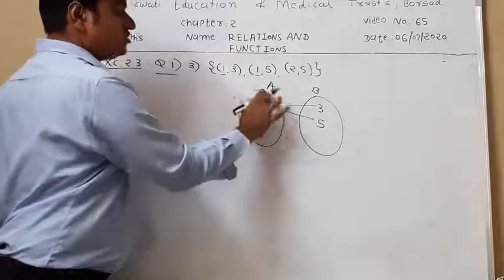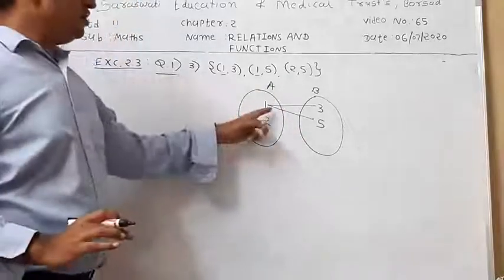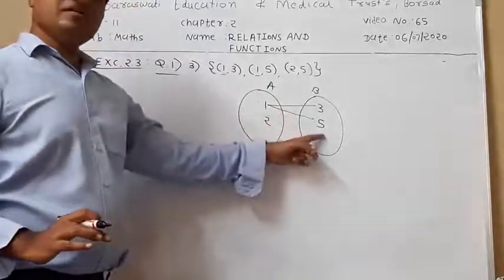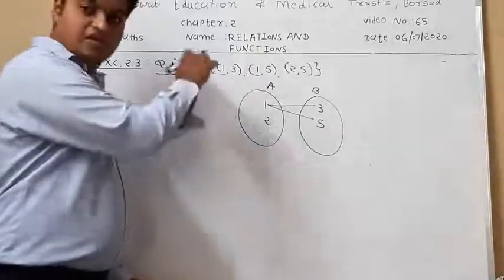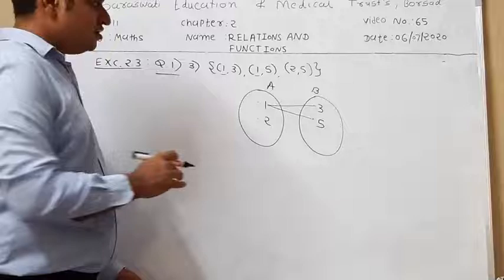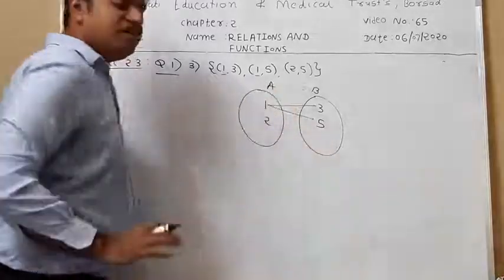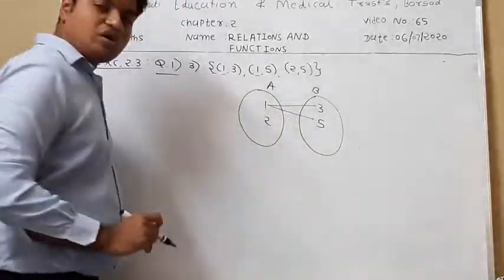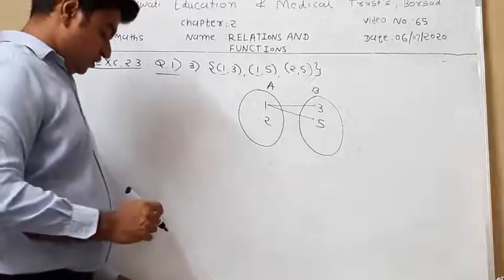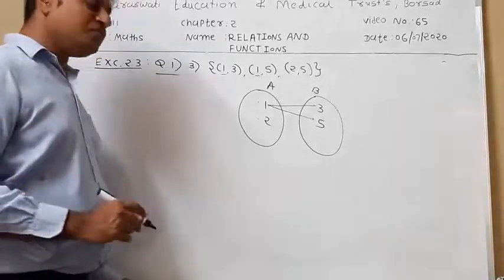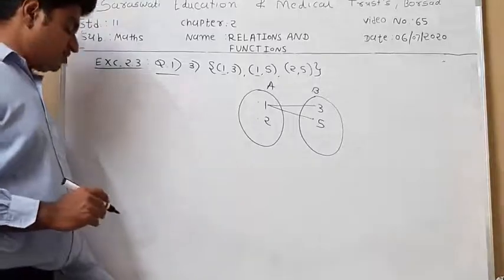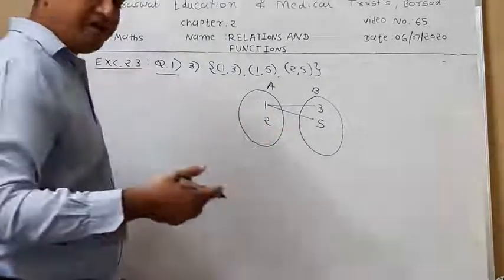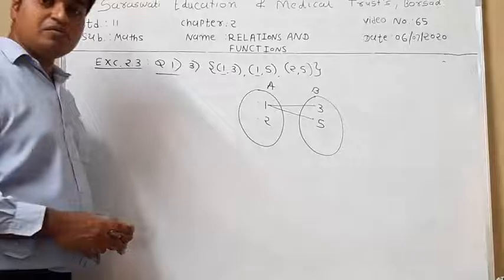Our definition requires in set A one and only one unique relation, but here we get no unique relation, so this one is not a function. So our answer is the relation is not a function because the element 1 is associated with 2 elements, 3 and 5. Clear?